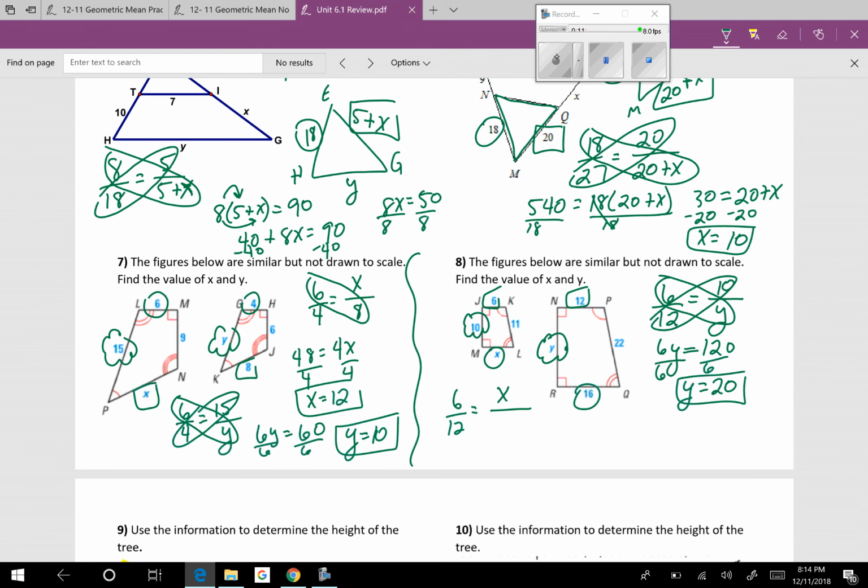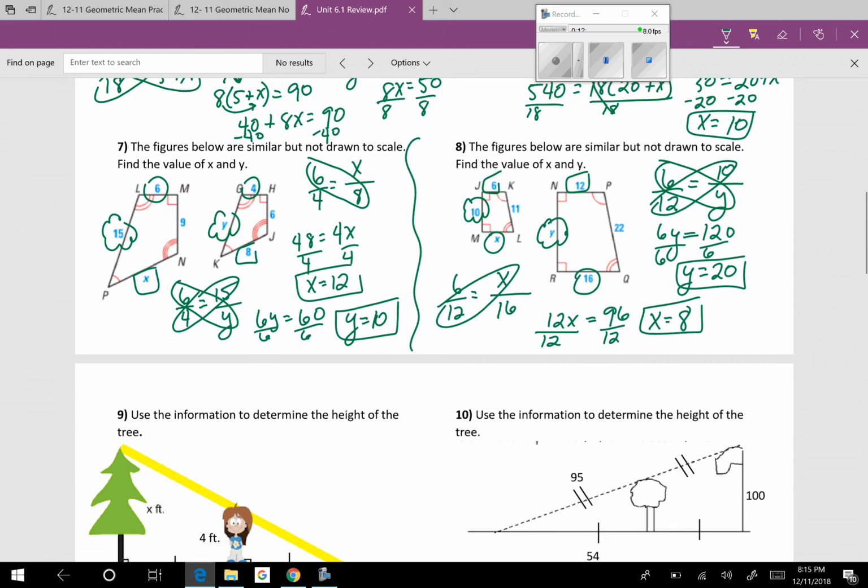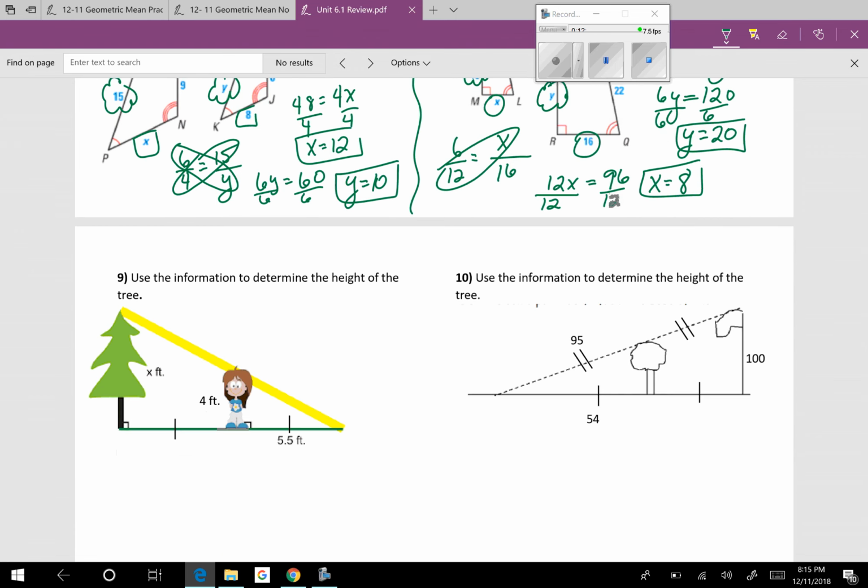So we have x to 16. So we have 12x is equal to 96. And if you divide both sides by 12, you get 8. So x is 8.